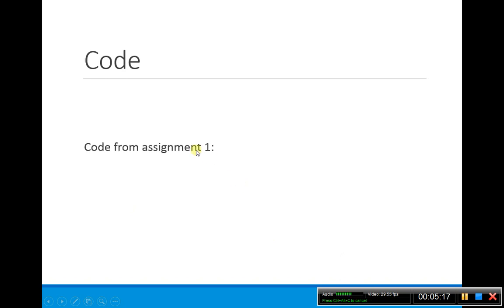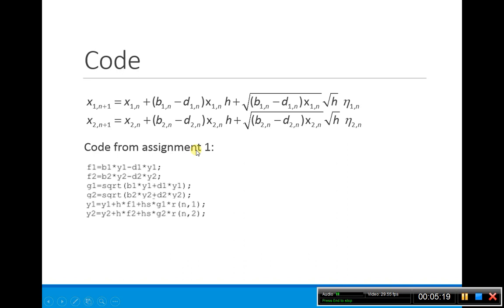Okay, so this was the code we kind of used from assignment 1. Here's our formula. The code that we had from assignment 1, this was our F1, this was our F2, and this was our G1 and this is our G2, and this is where we actually were using the stochastic Euler method.